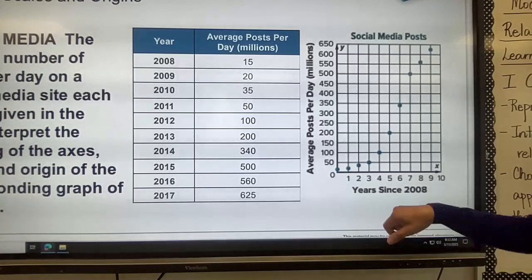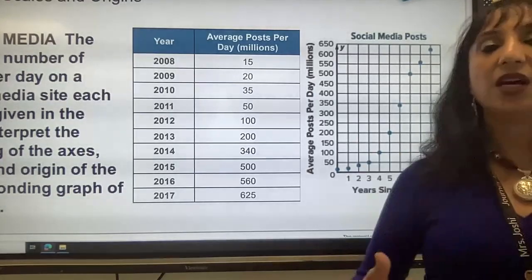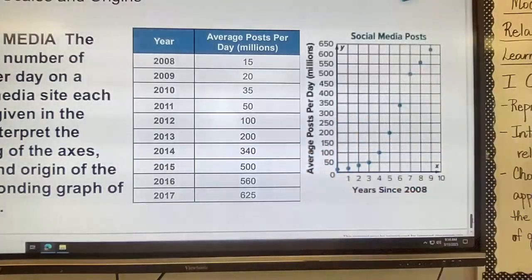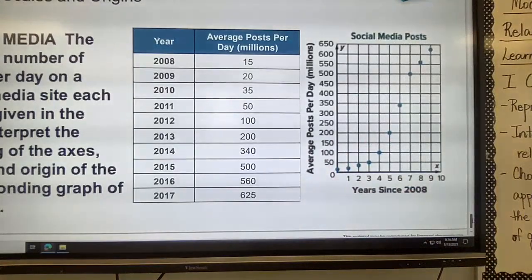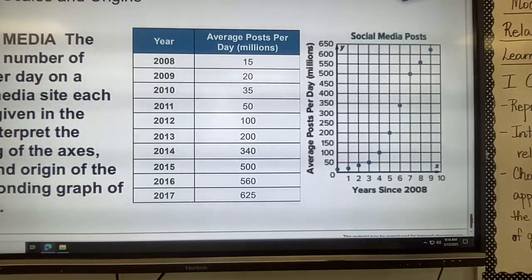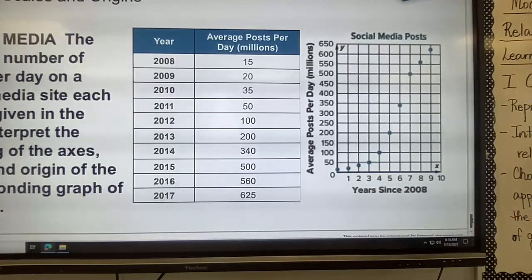So 2008, 2009, 10, 11, 12. So it's like per year. That is why I have put the tick marks of just 1. And the y-axis has a scale of 1 mark equal to 50 million posts. So the origin 0, 0 represents the year 2008 and 0 posts per day.